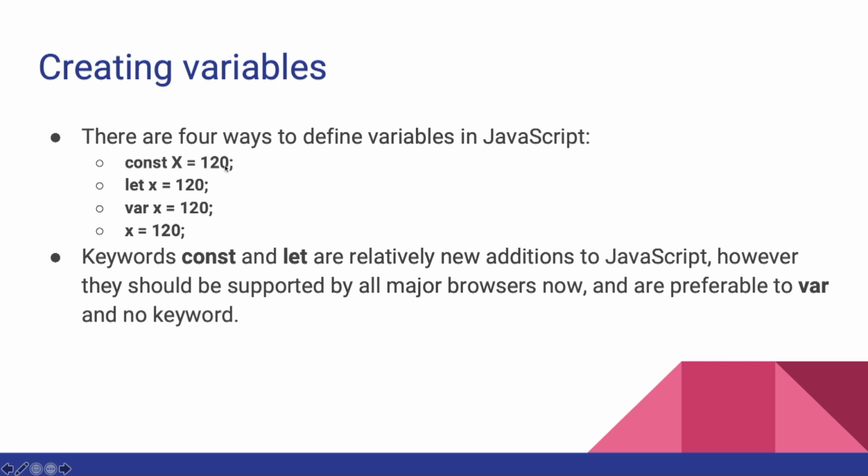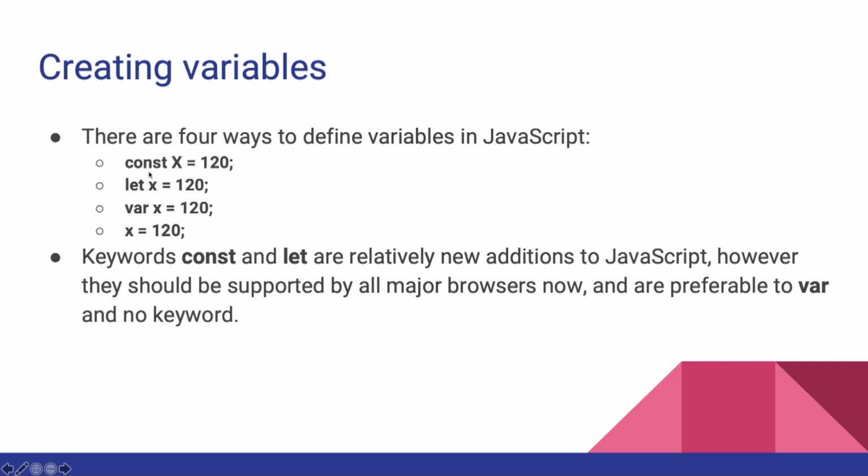In JavaScript, which is a bit of a moving target, people keep changing it. There are 4 ways to actually create something which you might loosely call a variable. 2 are new and preferred, and 2 hang around as a legacy that we would rather not have to have. The first one creates constants as opposed to variables.